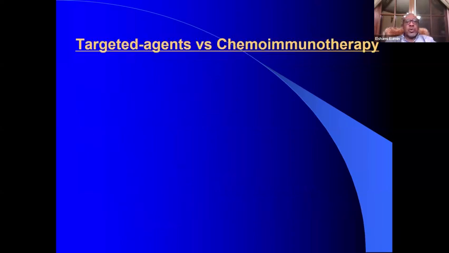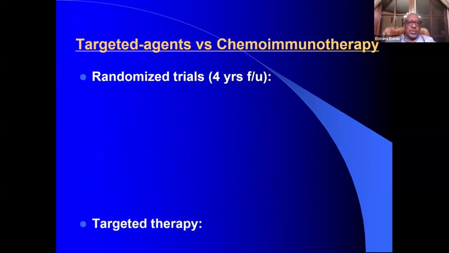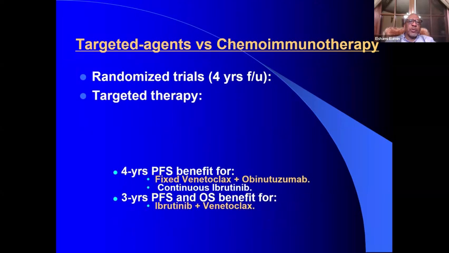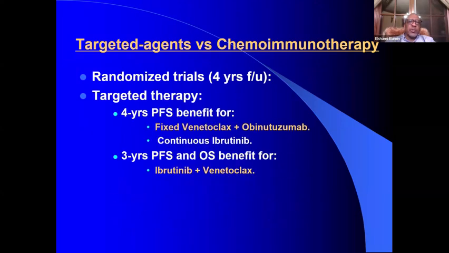So let's see a comparison between targeted agents and chemoimmunotherapy. This is a 4-year follow-up of a group of randomized clinical trials. They found a 4-year PFS benefit for patients who receive fixed venetoclax and obinutuzumab, or Gazyva, and even in favor of continuous ibrutinib.